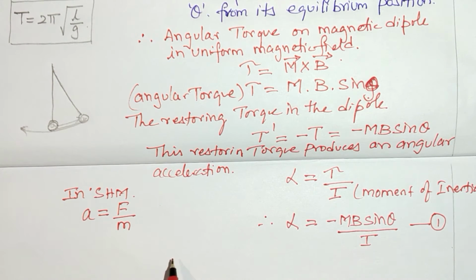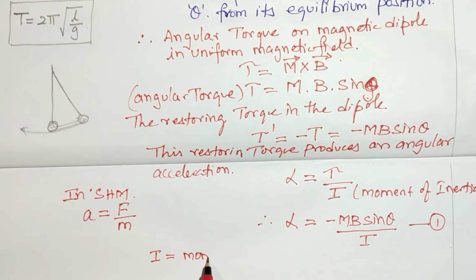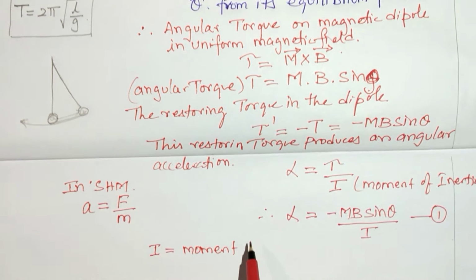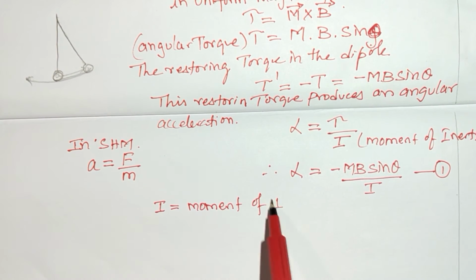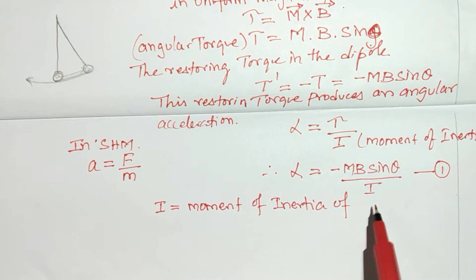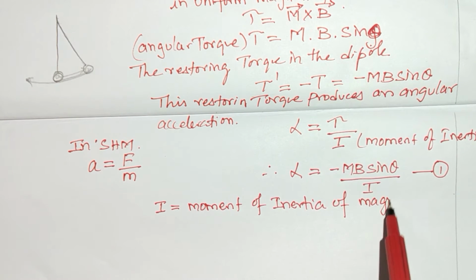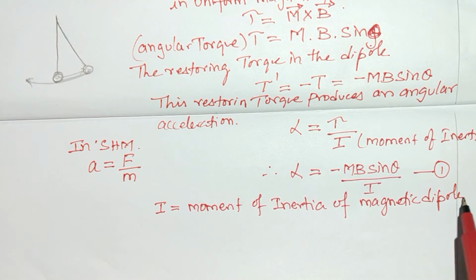So here what is I? I is the moment of inertia of the magnetic dipole.